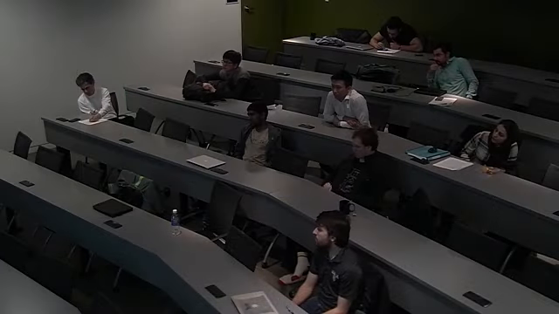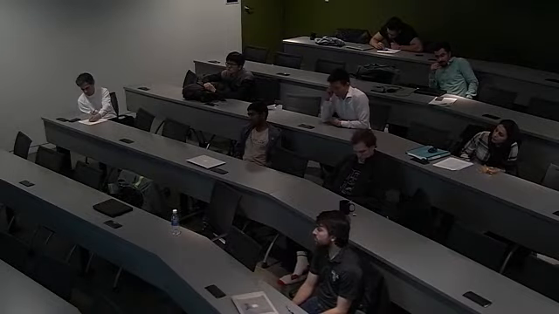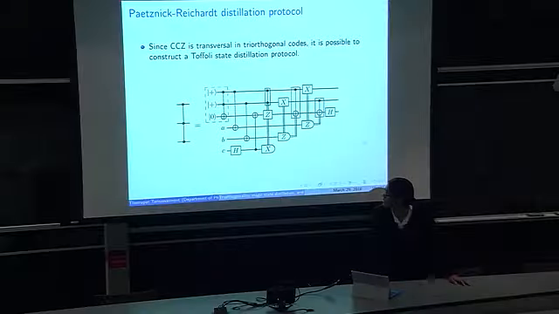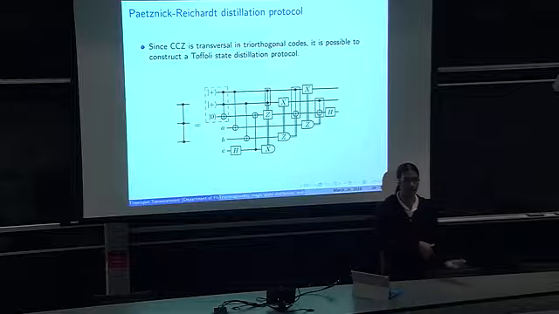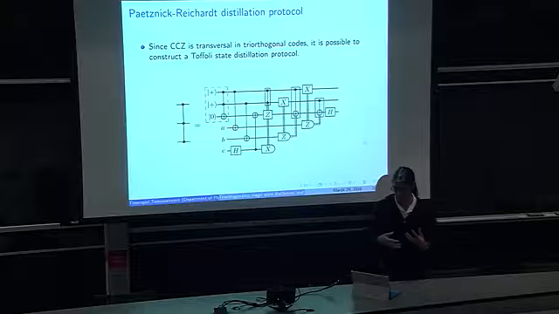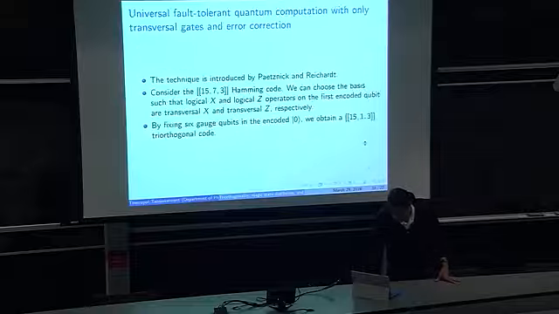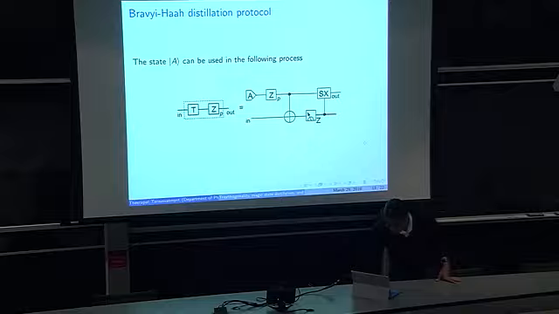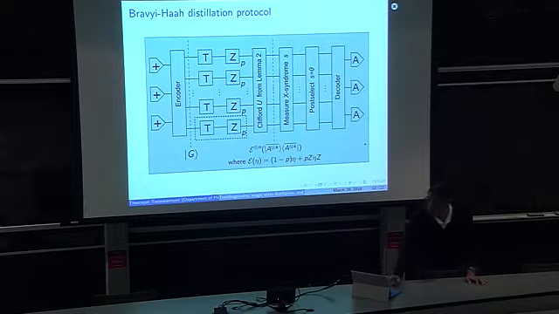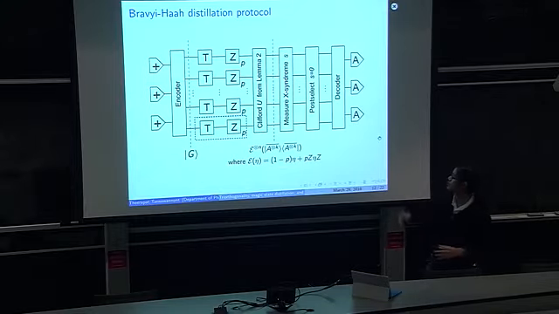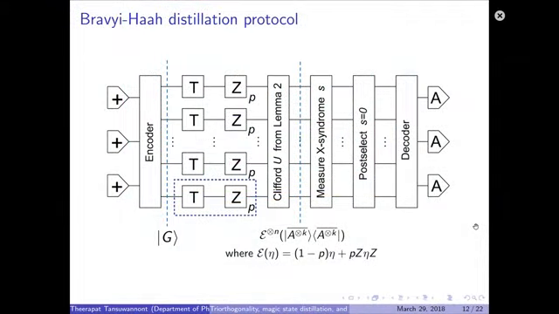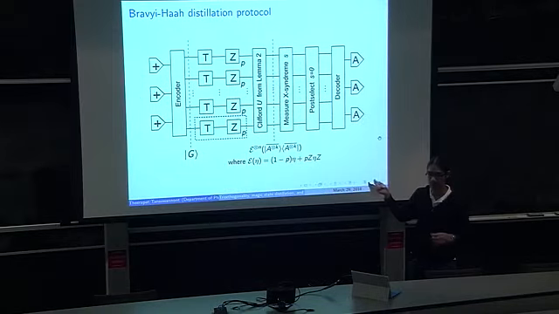Because they distill different types of magic state, they have advantages and disadvantages. So here in this protocol they will produce an ancillary state A. We know that the state A can be used to simulate the Toffoli gate.